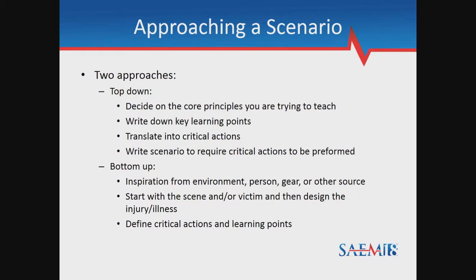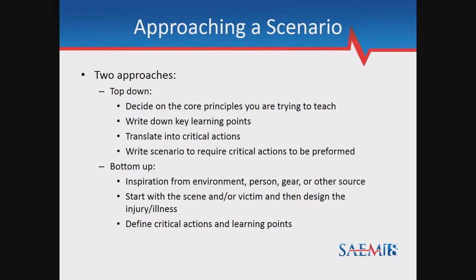When you're trying to write a scenario, there are two different ways to do it. You can approach it from the top down or the bottom up. You can decide what you want to teach, write down the key learning points and the critical actions, and then build your scenario from that.